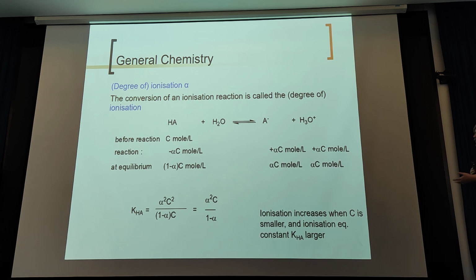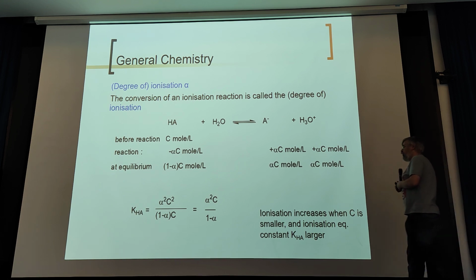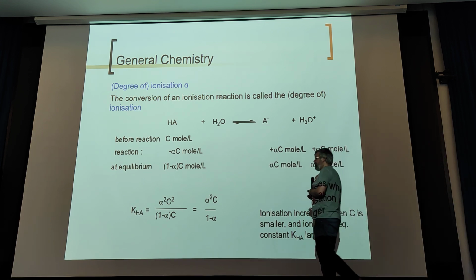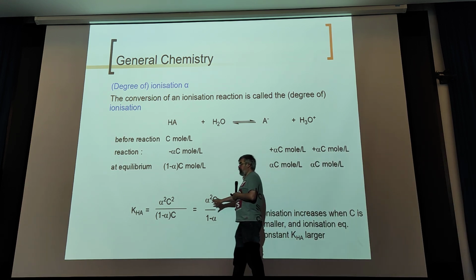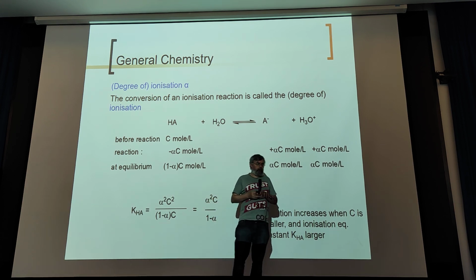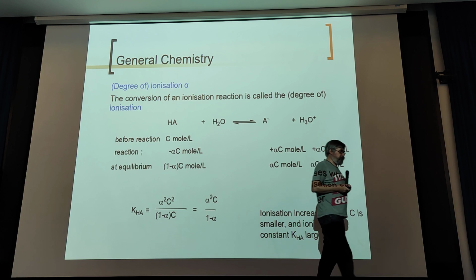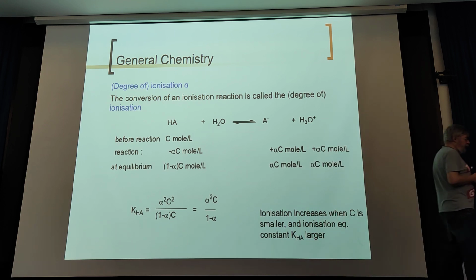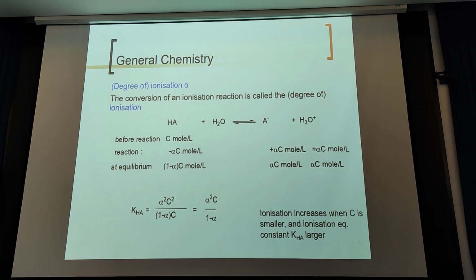And as we have seen earlier, there is a relation between the equilibrium constant and the degree of conversion: K equals alpha squared times concentration divided by 1 minus alpha.